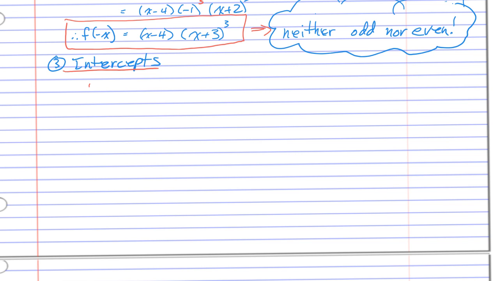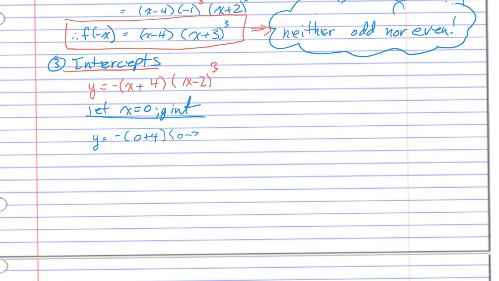So our basic function can be written as y is equal to negative of x plus 4, times x minus 2 cubed. We're going to let x equal 0 to see if we can find the y-intercept. So let's do that right now. Please make a correction to your equation, it should be plus 4 here.